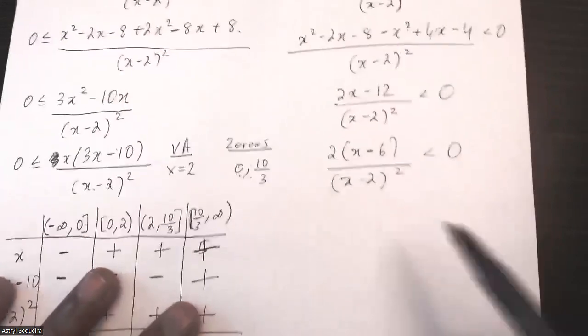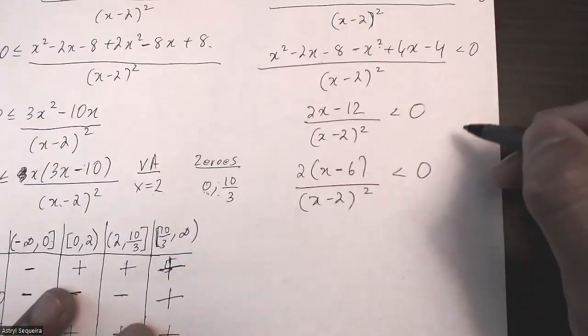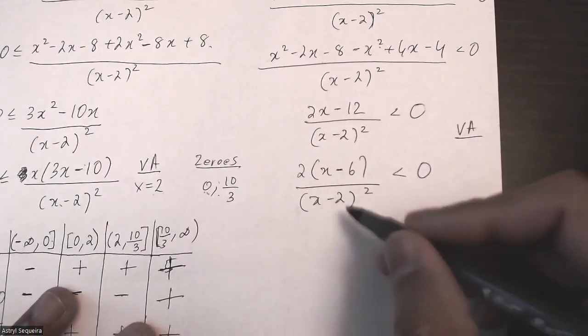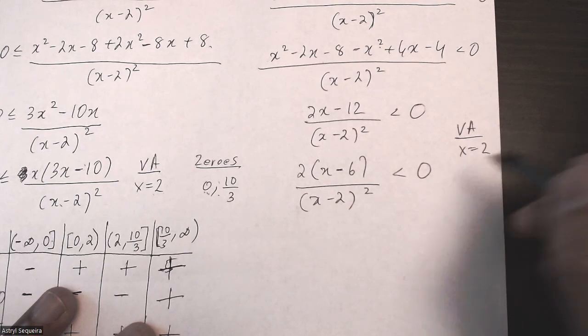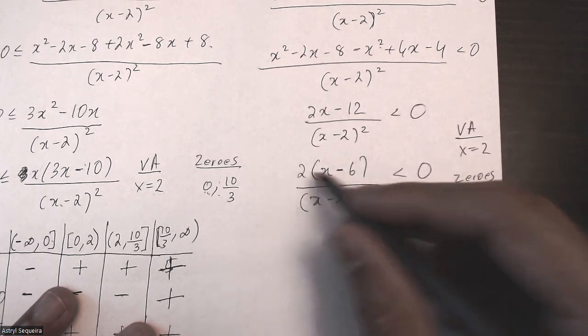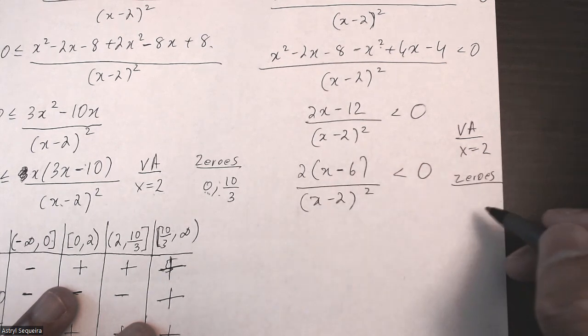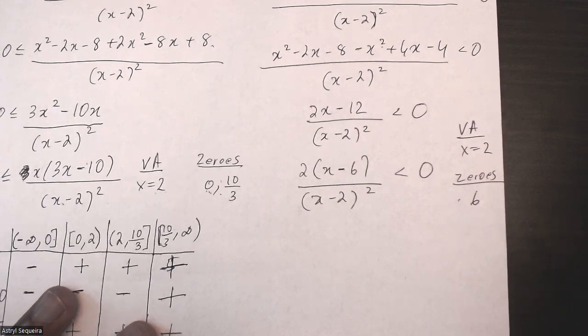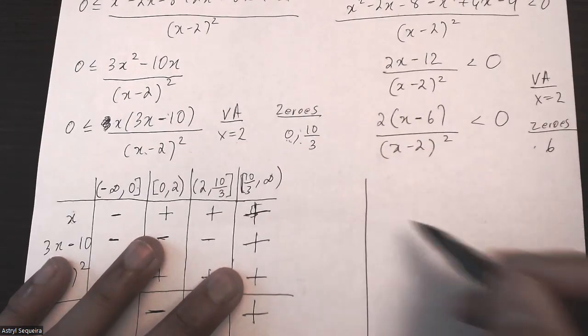And let's do the sign chart for this one over here. So my vertical asymptotes, solutions to the denominator again, is 2. My zeros, solutions to the numerator, there's only 1, which is positive 6. I'm going to put these on my sign chart.